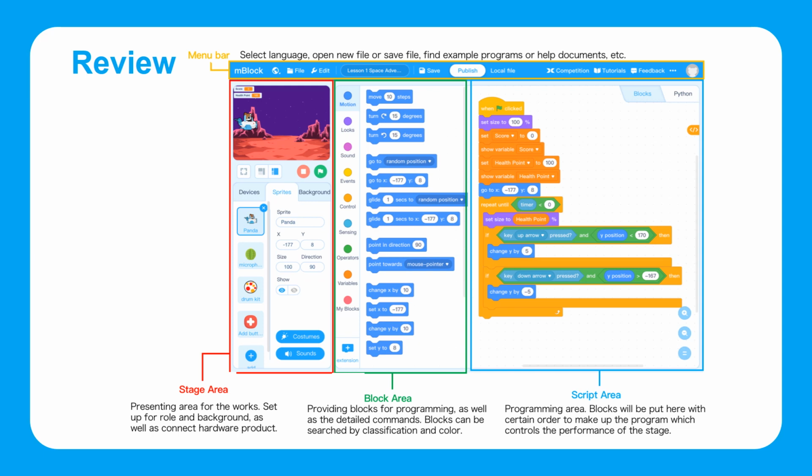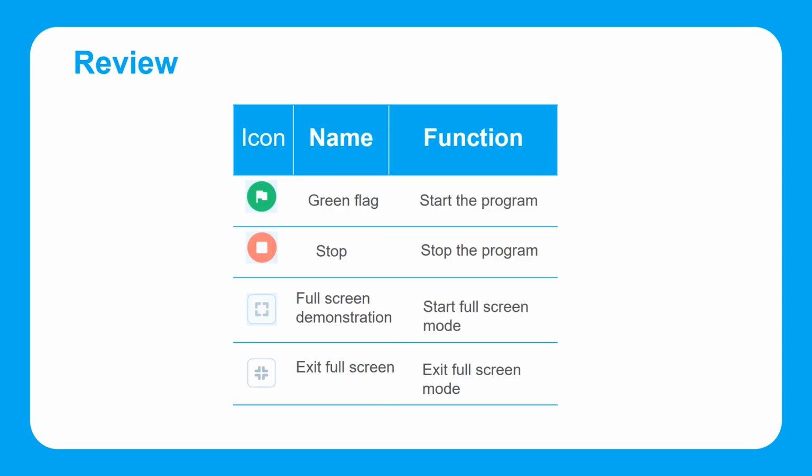Lastly, the script area is where all of the magic happens. This is where your program is written in a logical sequence so that it can do what you planned for it to do. We also learned that to start the program, you click on the green flag, and to stop the program, you click on the red circle. We learned about which button to click for full screen mode, as well as which button to click to exit full screen mode.